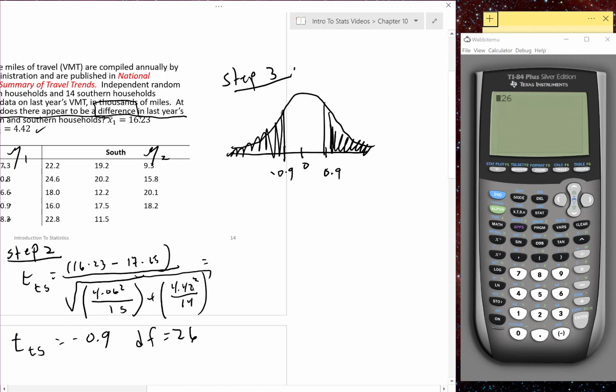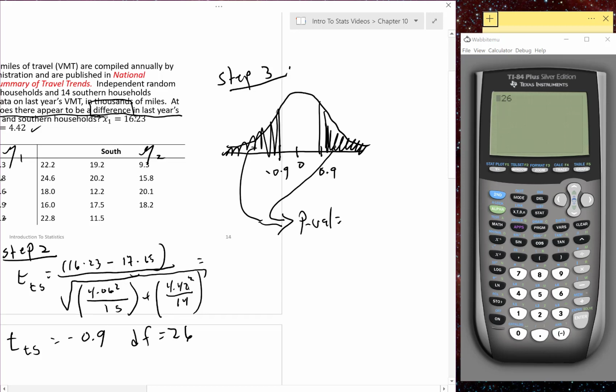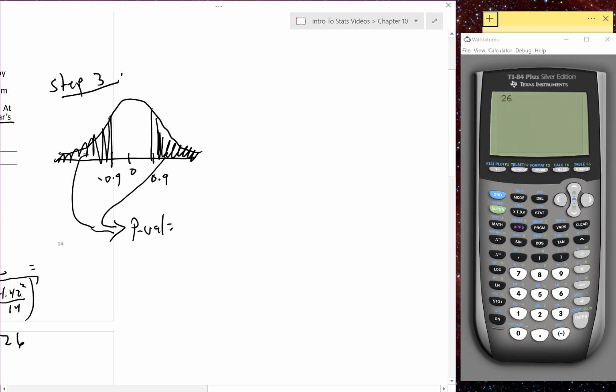So this tail area here is our p-value. So this is going to equal 1 minus the TCDF of our lower bound, which is negative 0.9, comma, 0.9, comma, and then our degrees of freedom, which is 26.